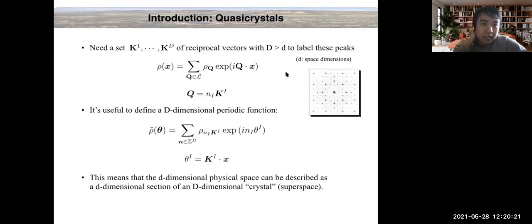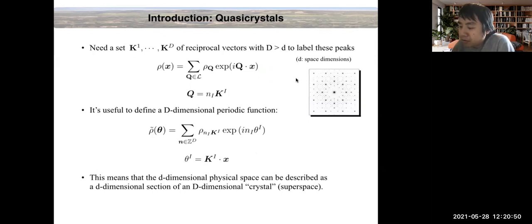It turns out that you need to use a set of reciprocal lattice vectors where the number of these vectors is larger than the dimension of the space. You can do a Fourier analysis and write the density operator in this way.